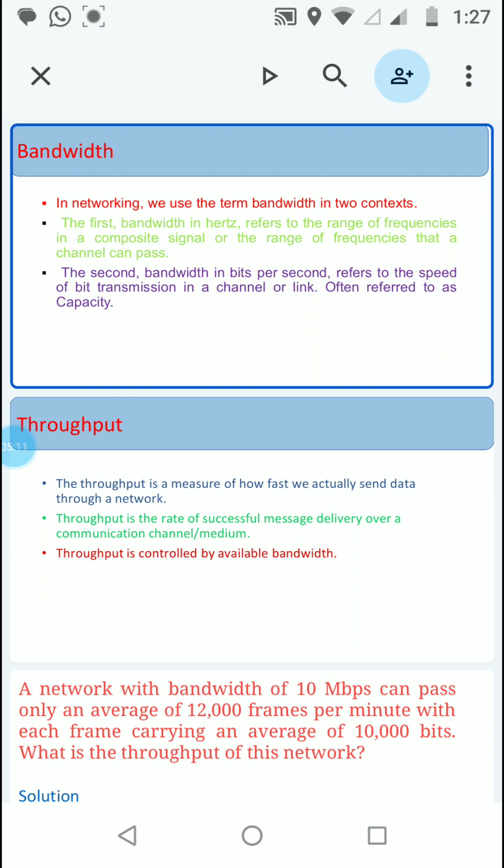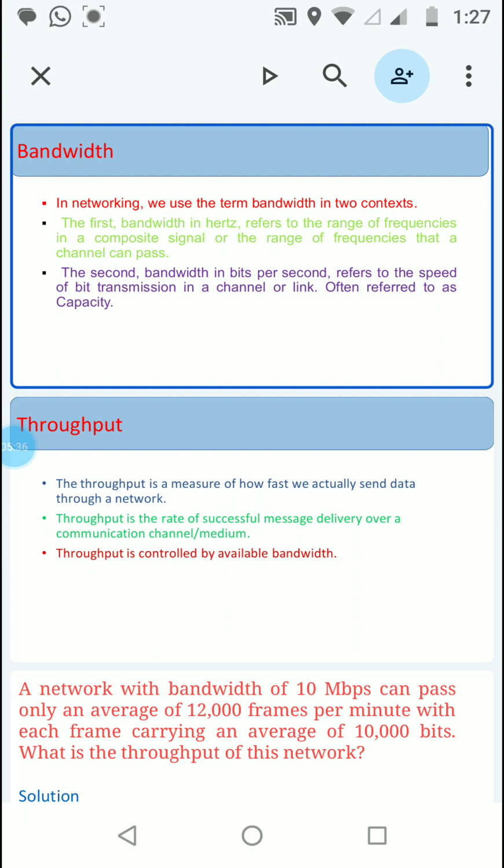For example, the bandwidth of a Fast Ethernet network or link is a maximum of 100 Mbps, meaning the network can send 100 Mbps. There is an explicit relationship between bandwidth in hertz and bandwidth in bits per second: an increase in bandwidth in hertz means an increase in bandwidth in bits per second.